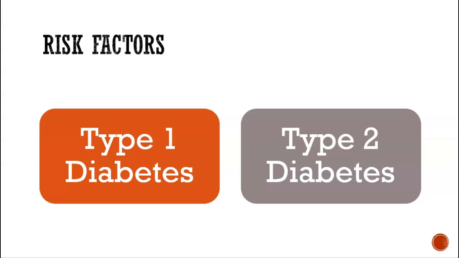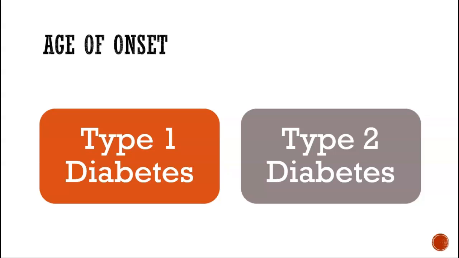Being overweight before pregnancy increases the risk, and again, race seems to be a factor as well. Women who are Black, Hispanic, American Indian, or Asian American seem to have higher levels of gestational diabetes.